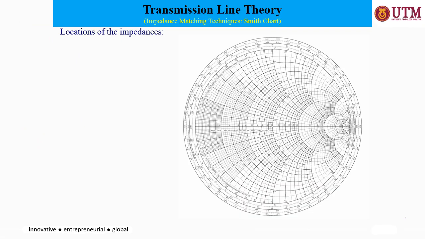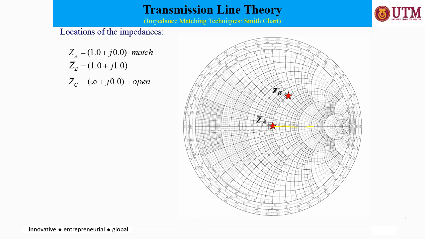Okay, so in summary, let's look at the points of the impedance and also the admittance. If you have Z, the normalized impedance 1 plus j0, so 1 will be there. Since j0 position is on the horizontal line where it is in match position, if 1 plus j1, ZB is there.